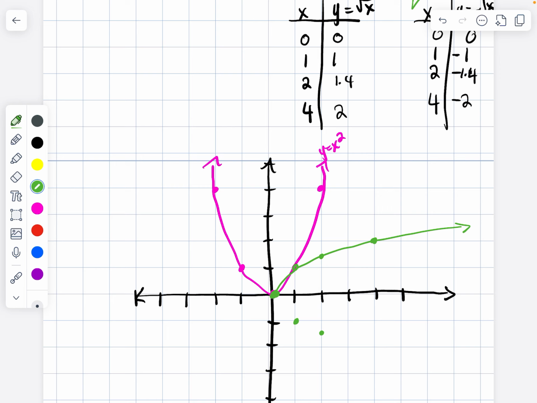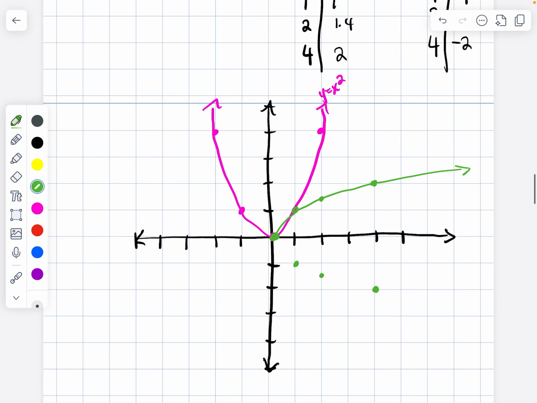And then we have 4, negative 2. That kind of went off a little. So, be something like that. And then here we are, right? This is our f inverse of x, the square root of x, okay?